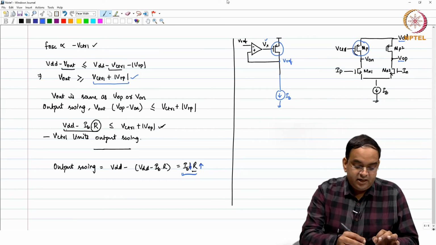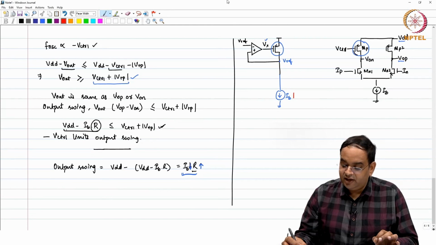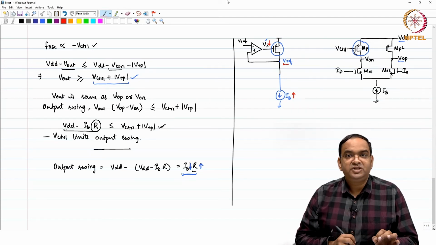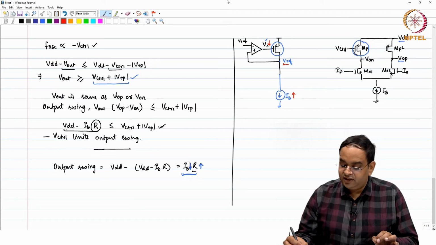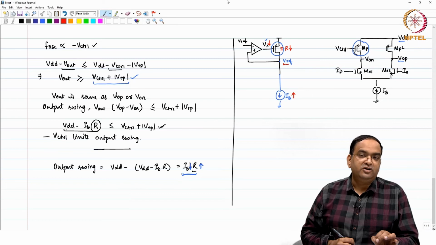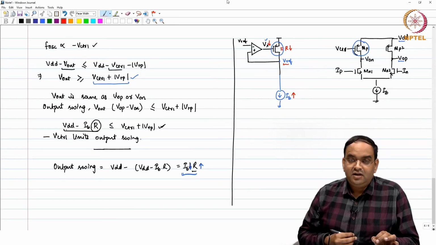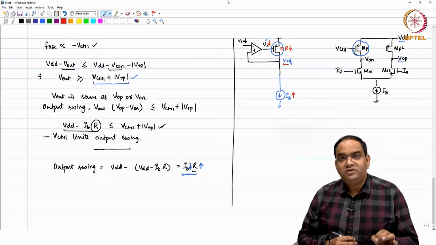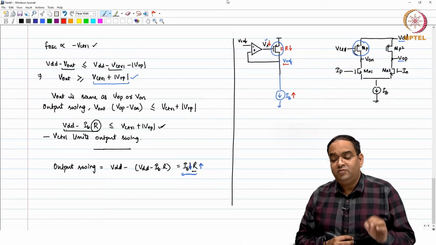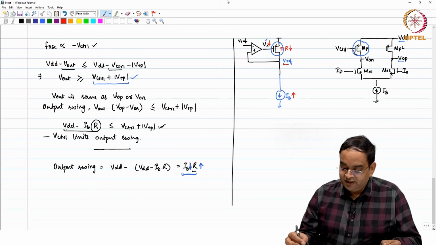If I increase my IB current, my Vx potential will drop, but Vref will remain the same. So, if my IB increases, I actually reduce the effective resistance value of this PMOS. That is how we can get the gate voltage of the MOSFET which is used as a resistor.